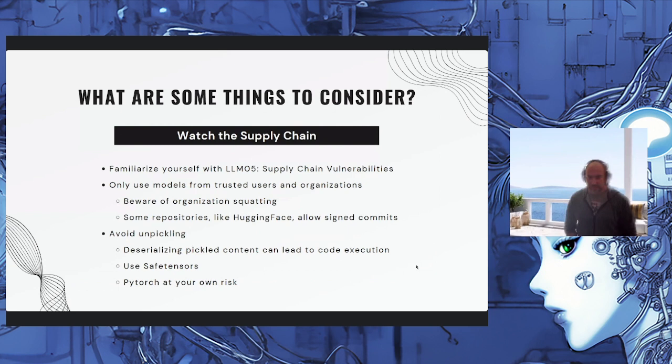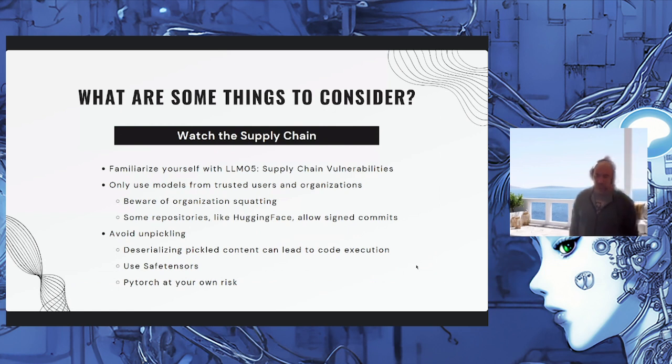The other thing that is a little bit scary to me as well is that PyTorch, which is used for working with models, by default uses the Pickle protocol to serialize all of the models that it works with. If you know anything about the Pickle protocol, by default it's kind of dangerous because it typically includes some kind of instructions for deserialization, which can then lead to code execution.